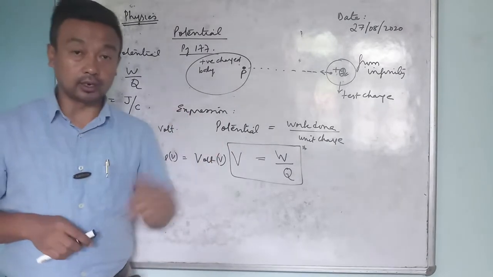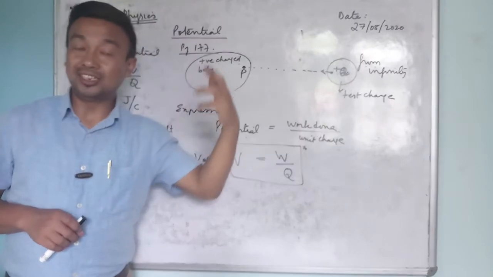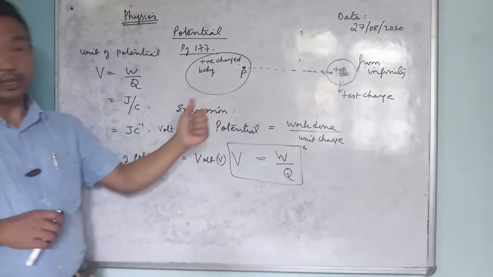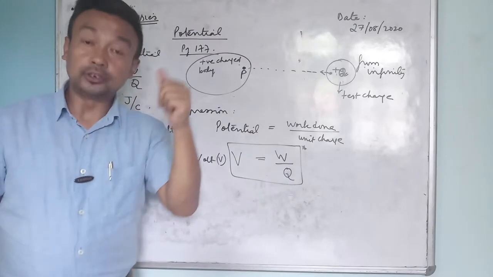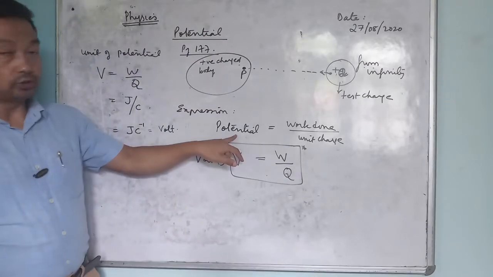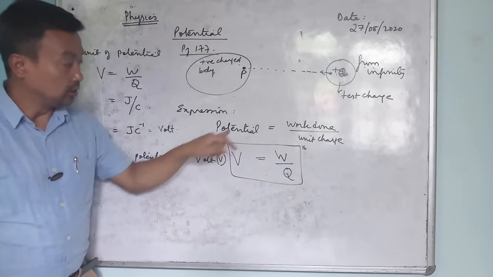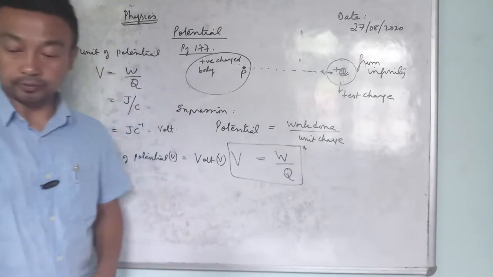Whereas in case of the current, the symbol is I, but its unit is A, ampere. In case of the charge, the symbol is Q and its unit is capital C, coulomb. But the potential and its unit both have the same symbol, capital V.